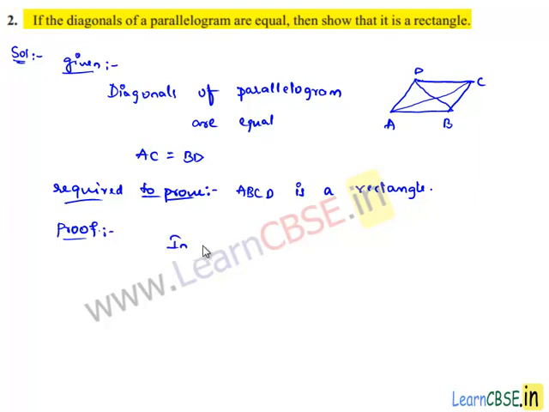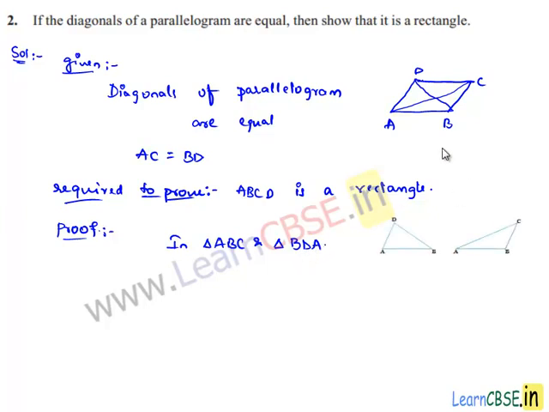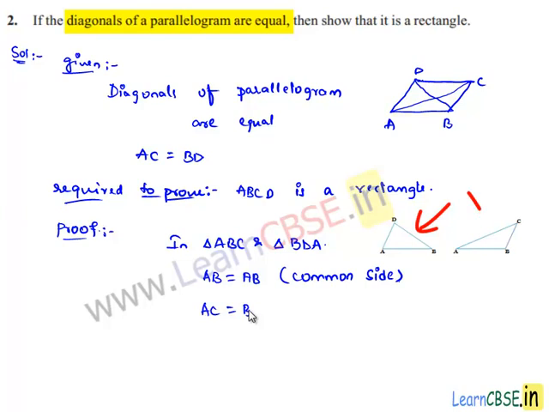Now let us consider both the triangles, that is triangle ABC and triangle BDA. Let us note down the similarities. AB will be equal to AB since it is a common side, and also AC is equal to BD since it is given that the diagonals are equal.